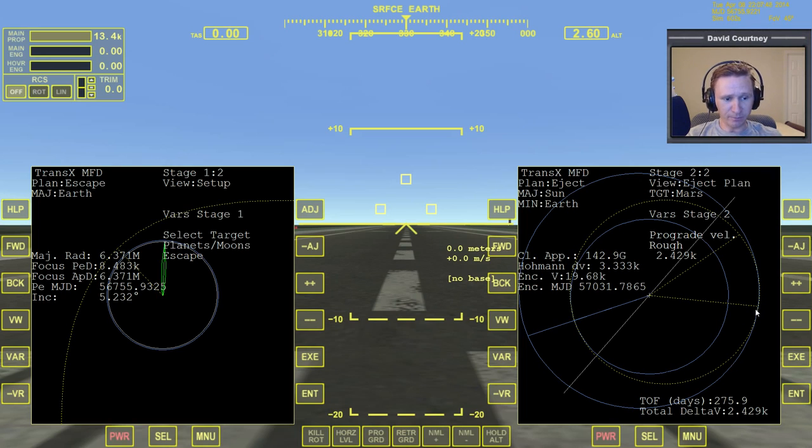But there's a problem. Where we are going to get to Mars is actually going to be at this point, and when Mars is at that point, we are going to be over here. So we're going to be missing Mars by 142.9 gigameters, and off the top of my head I don't even know what that translates into, but it's like 142 billion kilometers or something.